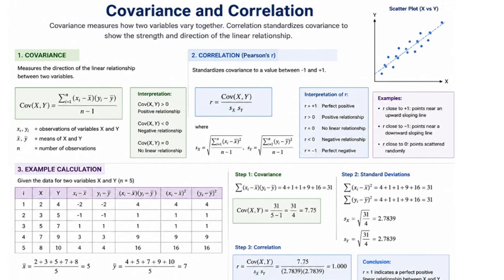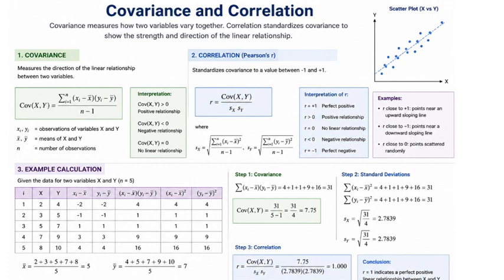When we calculate the covariance, we take the data points and calculate the mean deviations for each variable. That means for the data points of each variable we calculate the mean deviations, and we multiply them.